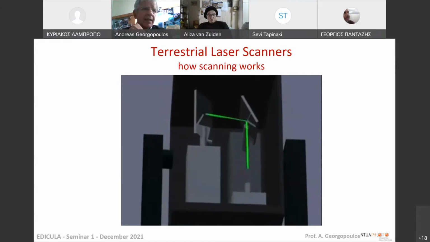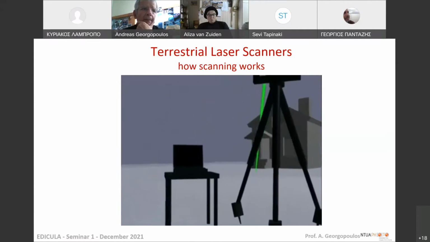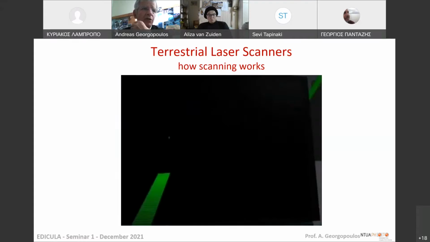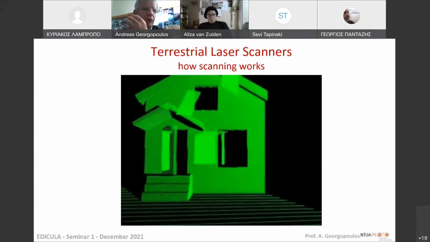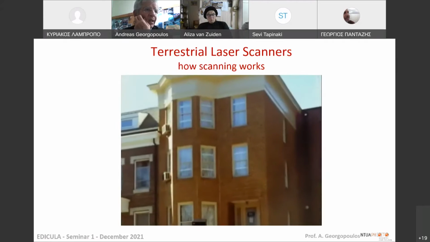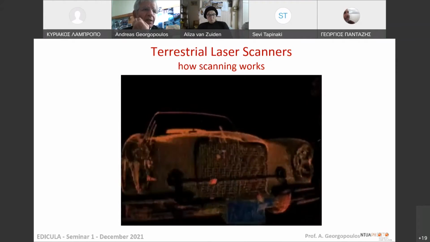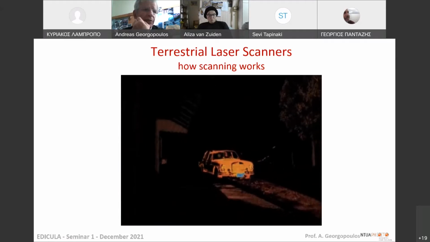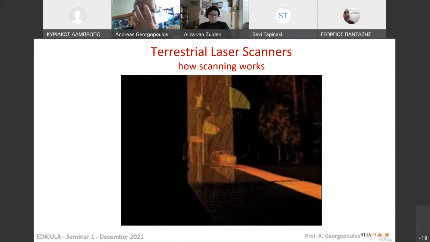Each scanner does that several hundred thousand times per second. Actually, we are now up to 1 million or 2 million points per second with the latest models. And the result is point clouds, that is millions of points of the surface of the object.